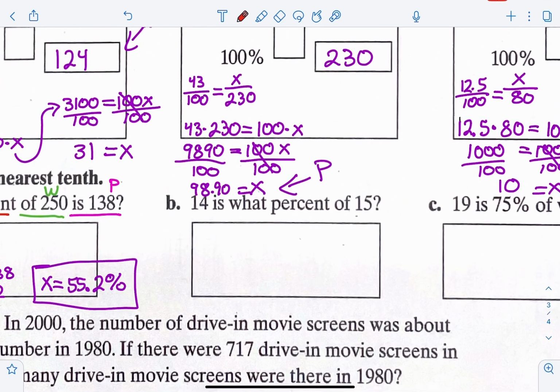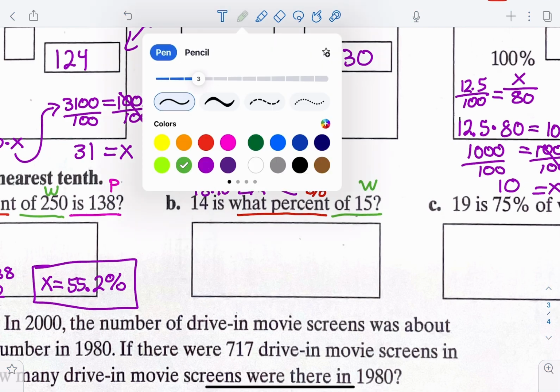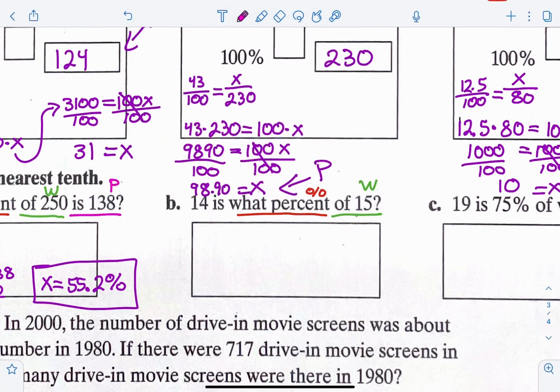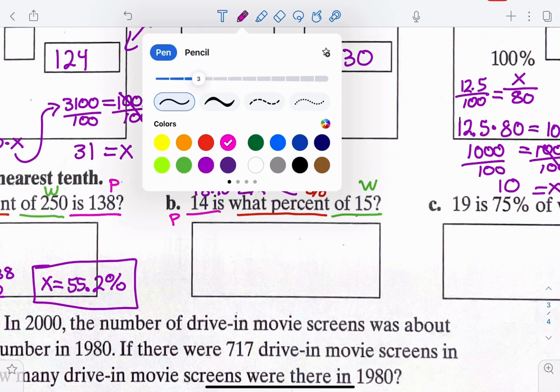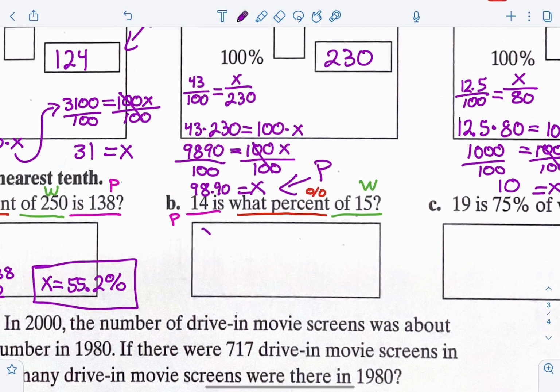Okay, so 14 is what percent of 15? So what percent? We don't know our percent, of 15. So that's our whole. Is 14. 14 is our part. So to set this one up, we're going to say x over 100 equals part over whole. So 14 over 15.